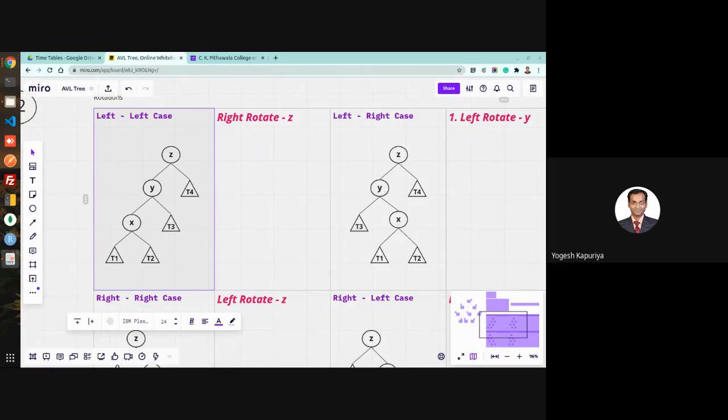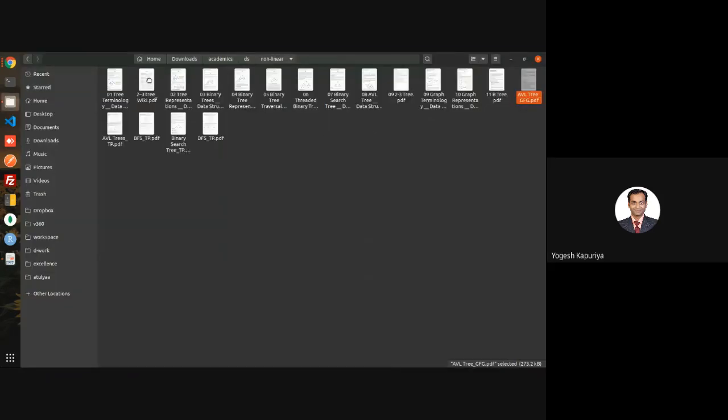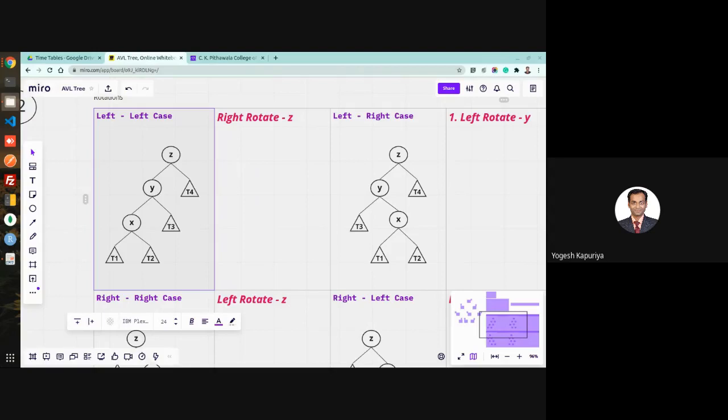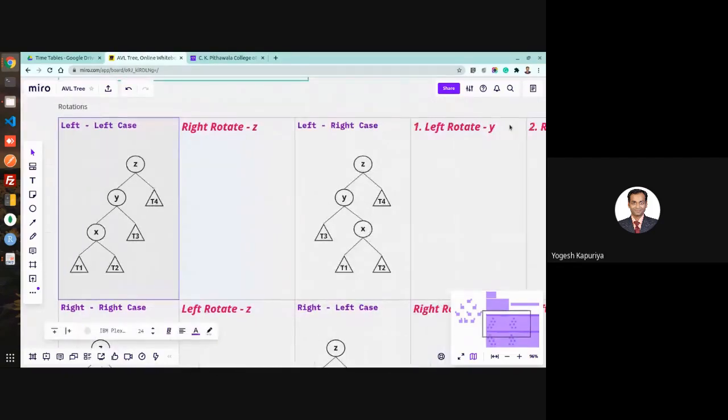Now, what this X, Y, and Z mean should be understood first, because otherwise you will get confused. Remember, this is the topic which requires some understanding. Apart from all the topics we have discussed in this chapter, this is the most, I'm not saying it's difficult, but you have to supply some intelligence over here.